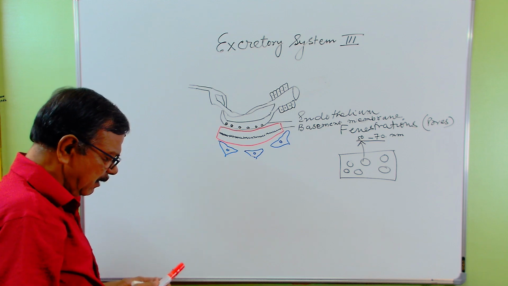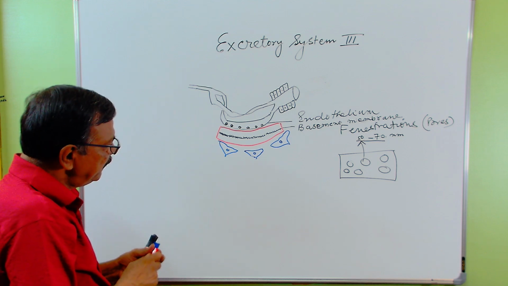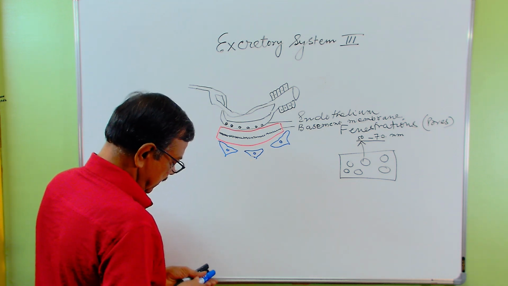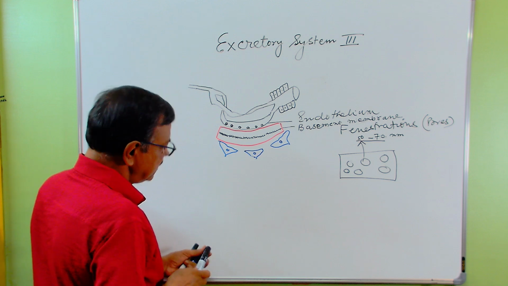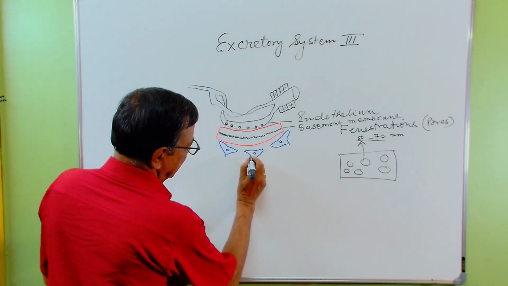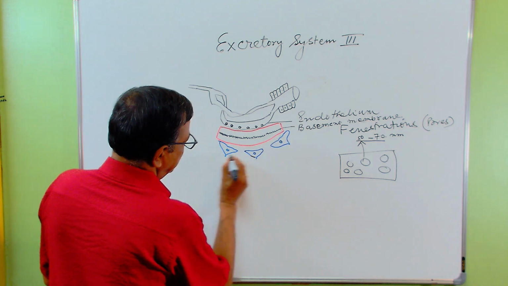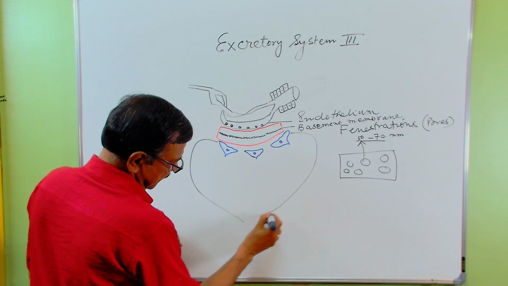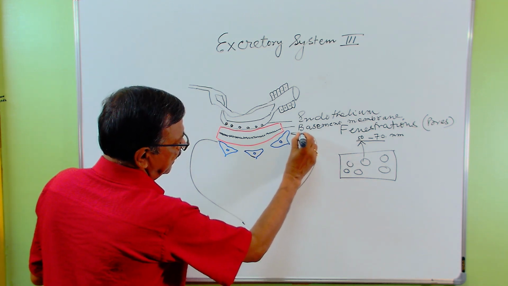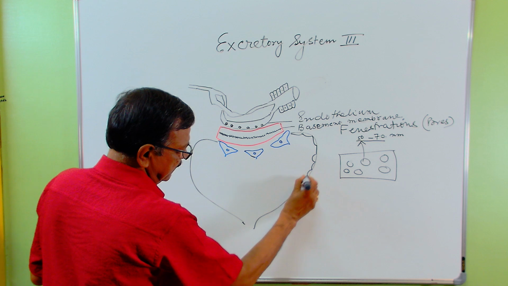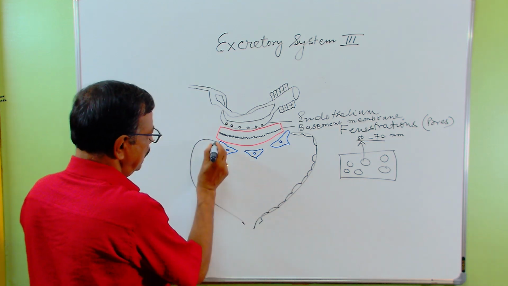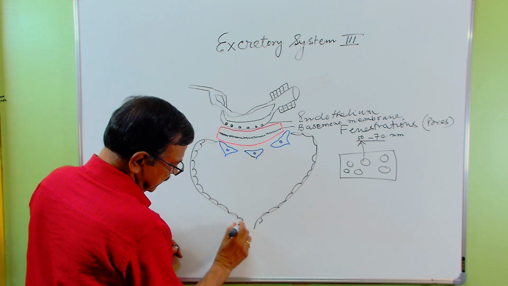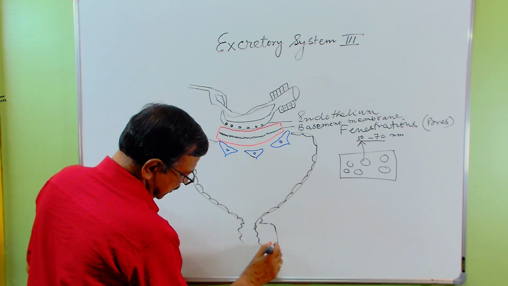Now whenever it comes out, these are all podocytes. These we call podocytes. It is the parietal layer. This is the parietal layer of Bowman's capsule. This is the proximal convoluted tubule.